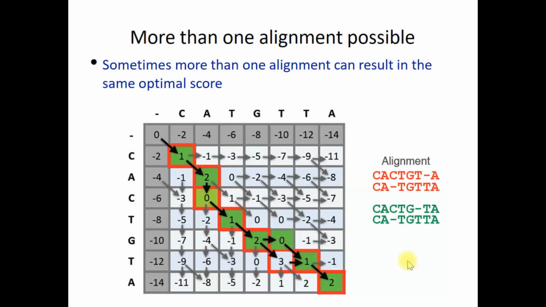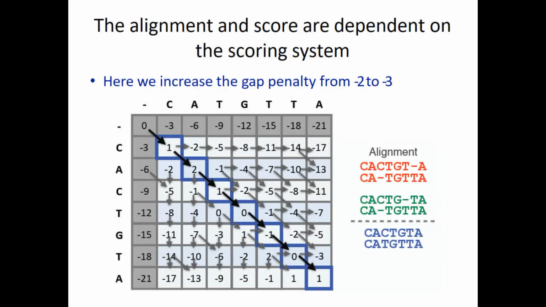So which one is the optimal alignment? The answer is both of them are optimal alignments. So it's not a unique solution. Also, the alignment and the score depend on the scoring system.